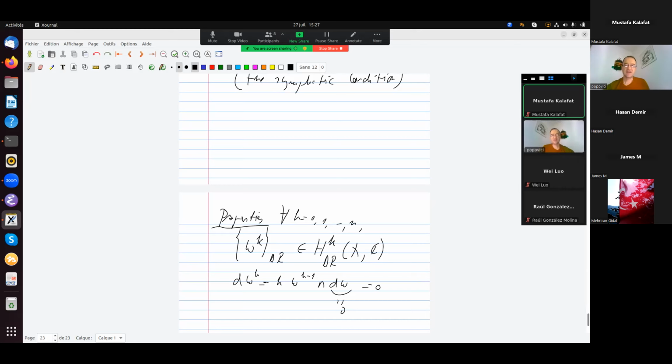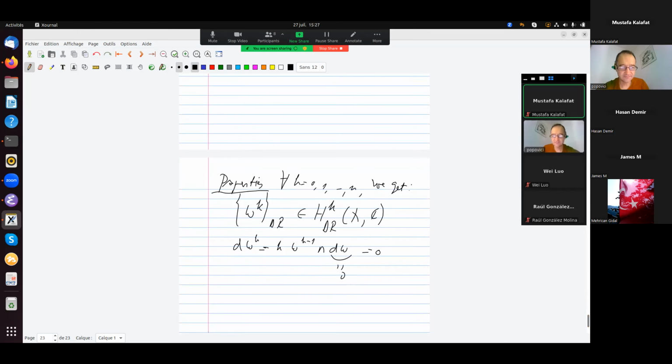Right, so for every k, we get this de Rham cohomology class, but the observation is that, crucially, this class is always non-zero.